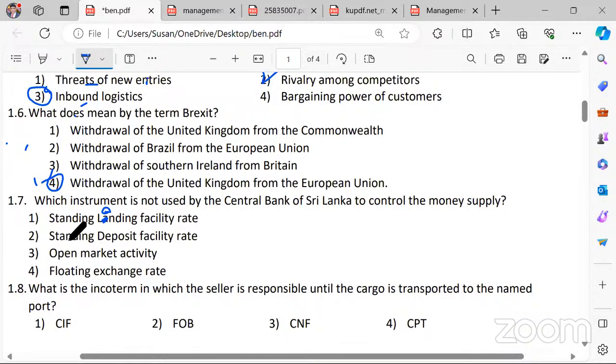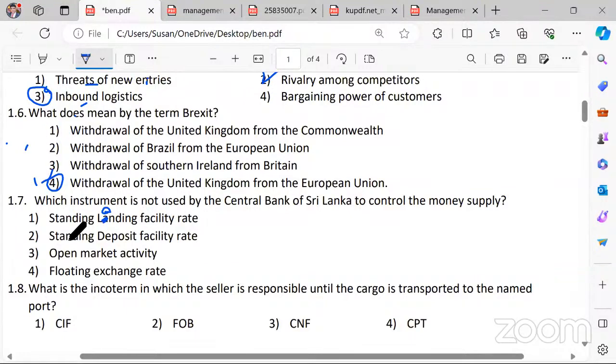Open market activity. The Central Bank is doing some transactions in the open market, in government securities, right? If the Central Bank is going to sell securities, as an example treasury bonds, treasury bills, then commercial banks are supposed to pay money and buy those.